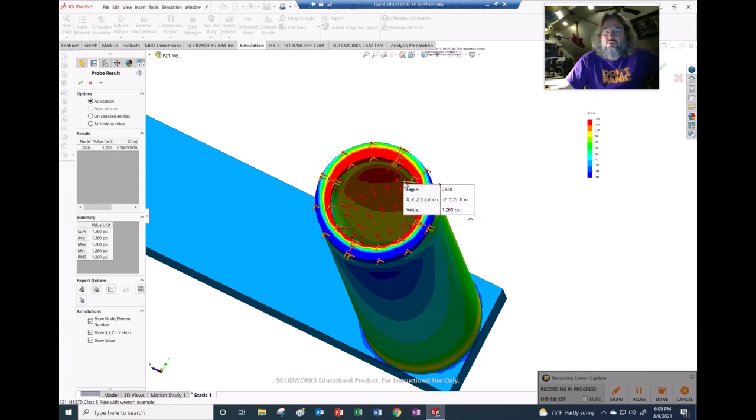We got 2,328. No, that's node number. Duh. I messed up. I was looking at the wrong thing before. I got 1,260. What am I predicting in here? I said I had 1,248. That's actually pretty good.